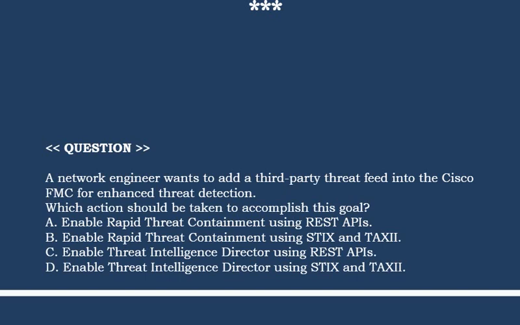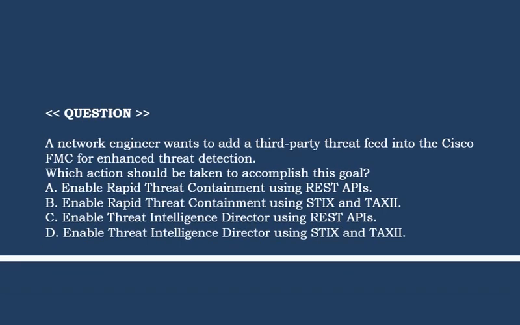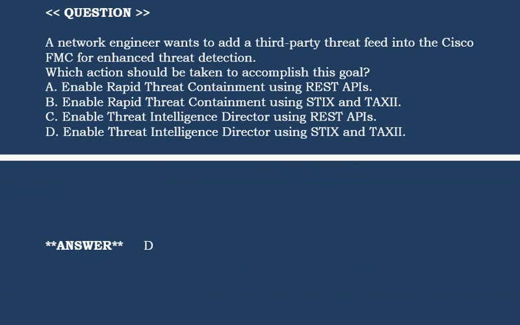Option B. Enable rapid threat containment using STIX and TAXII. Option C. Enable Threat Intelligence Director using REST APIs. Option D. Enable Threat Intelligence Director using STIX and TAXII. Correct answer is option D.